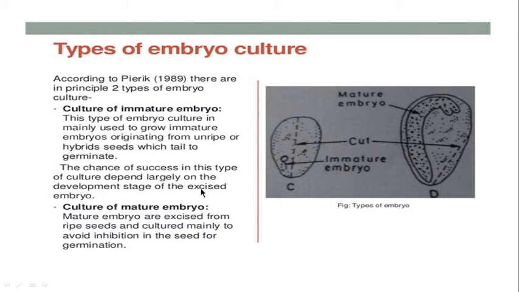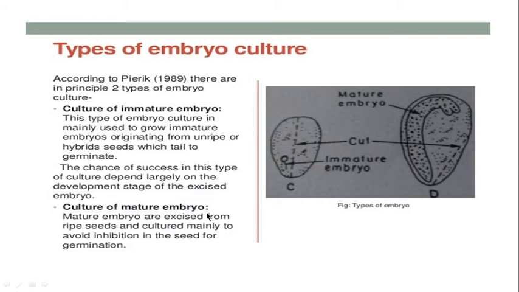The embryo is excised from that seed and developed in the culture medium, and according to how it grows during its development stage, the chances of success of the culture of immature embryo depend. So this type of embryo culture is generally used for unripe or hybrid seeds which are difficult to germinate. The embryo is excised from those seeds and cultured, and it will form a new plant.